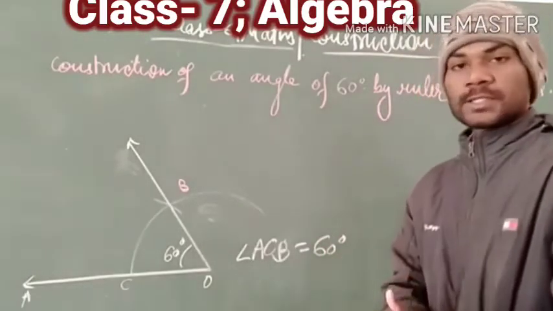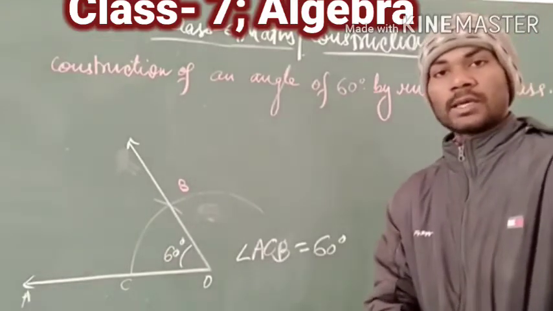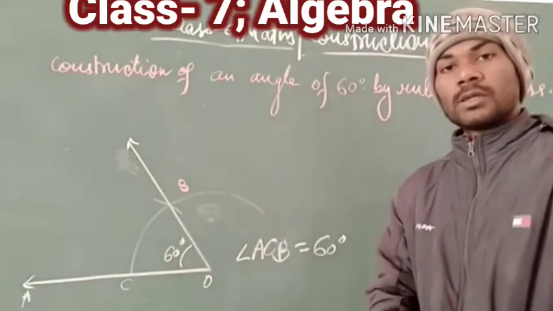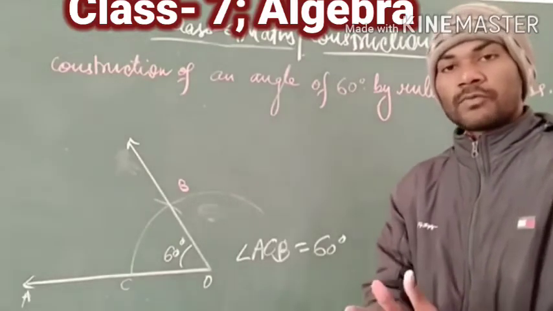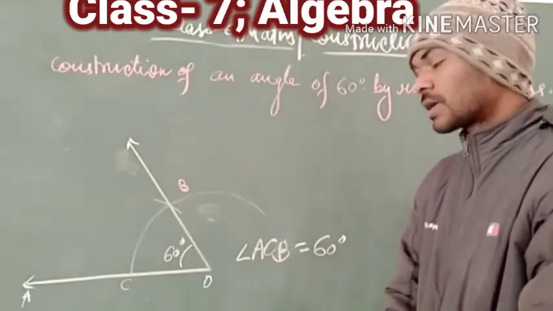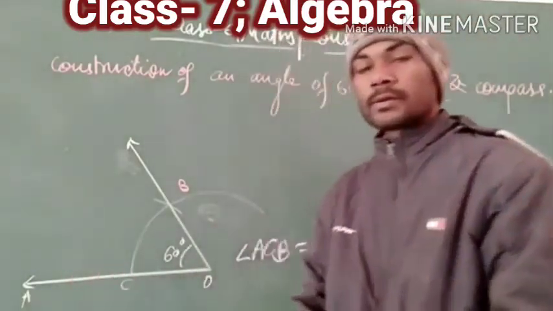Now let us see the construction once again. In order to construct an angle of 60 degree using ruler and compass, in the first step, take any ray OA.